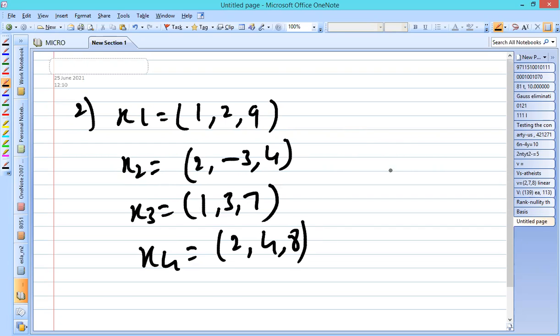Determine whether or not x1, x2, x3, x4 form a basis in R3. What's the answer? Can anybody? Whether it forms a basis. Basis in the sense we should be able to have a linear combination of all these vectors. Whether it is possible, whether it is a basis in R3.